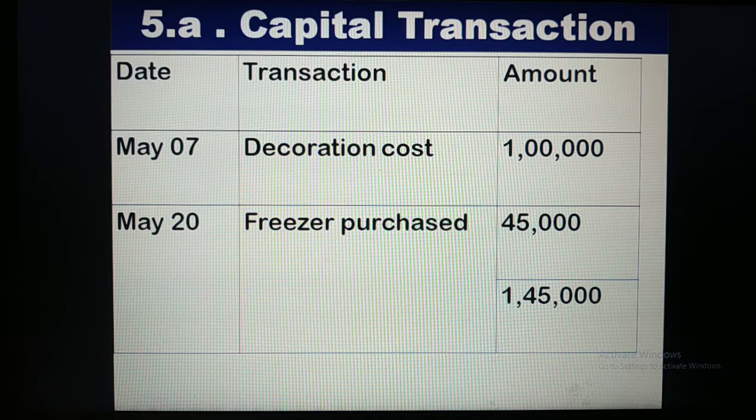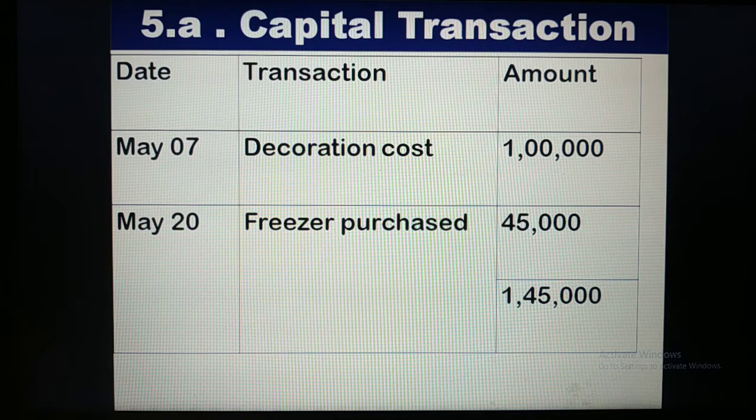Capital transaction means it is an irregular transaction. That means this type of transaction will not occur regularly in our organization, and this type of transaction will give you benefit for a long time. So, dear student, look at the stem, May 7 and May 20. These two are capital transactions.